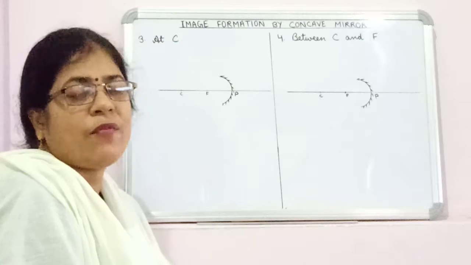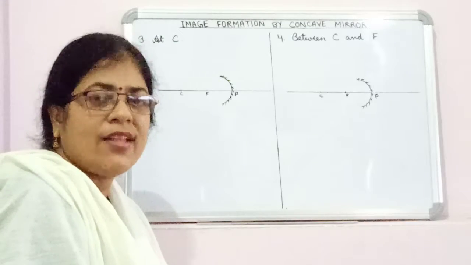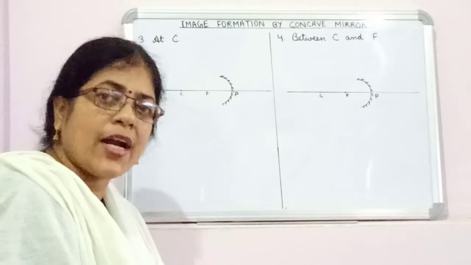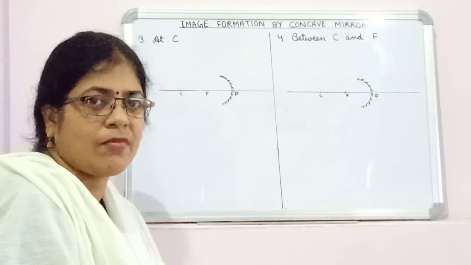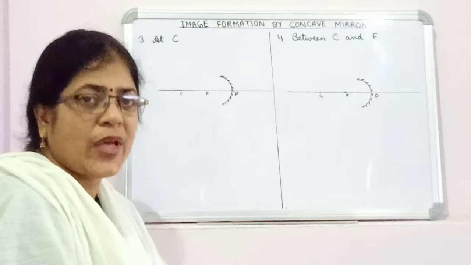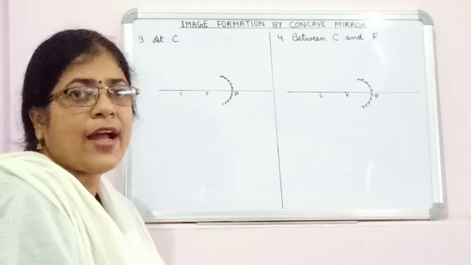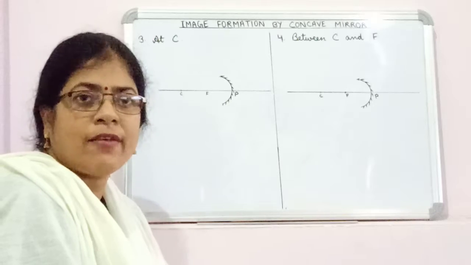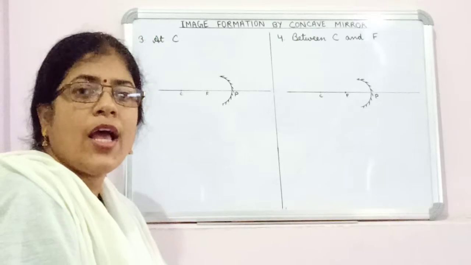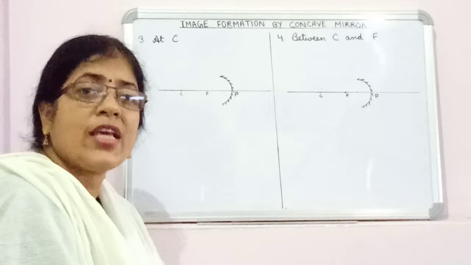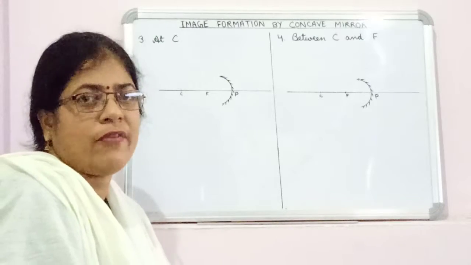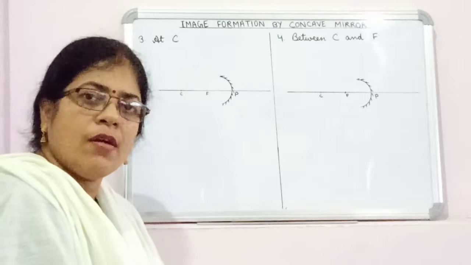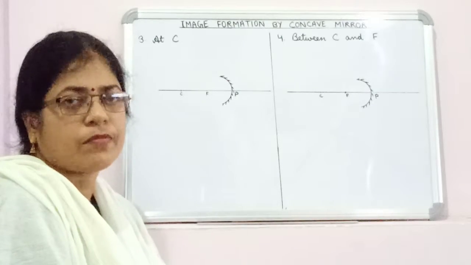In our last video, we started discussing image formation by spherical mirrors, beginning with a concave mirror. We discussed the first two cases: when the object is at infinity, and when we keep the object beyond the center of curvature, and the nature of the image in each.